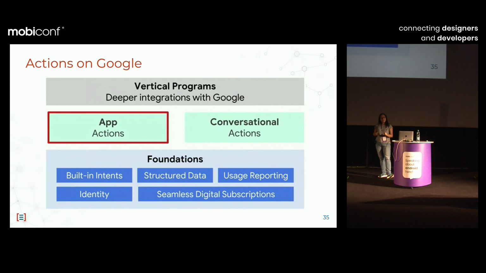And one really important feature that they are based on is usage reporting, like with Firebase app indexing. This is a way of getting your app ranked well, because Google is going to be the one that takes the decision of which apps are going to be suggested to the user.